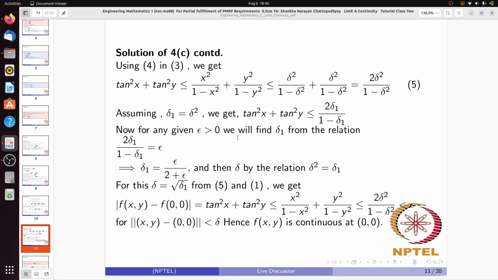In 2D we take the square root of (x1 minus x0) whole square plus (y1 minus y0) whole square.